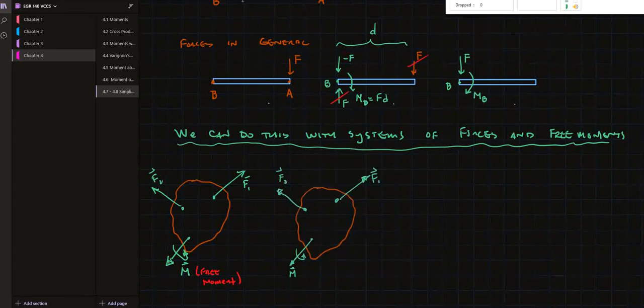I can pick an arbitrary point, let's say O. Then I can string up position vectors to both of these.